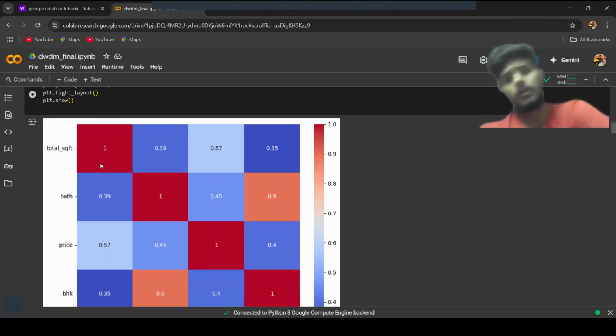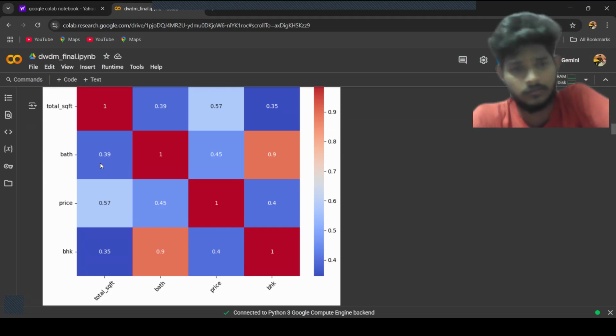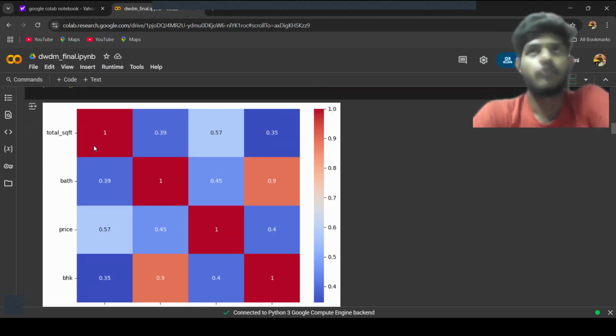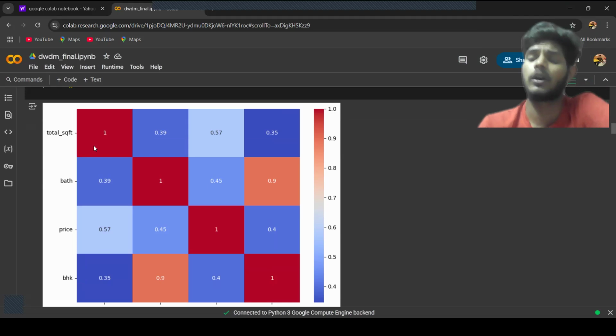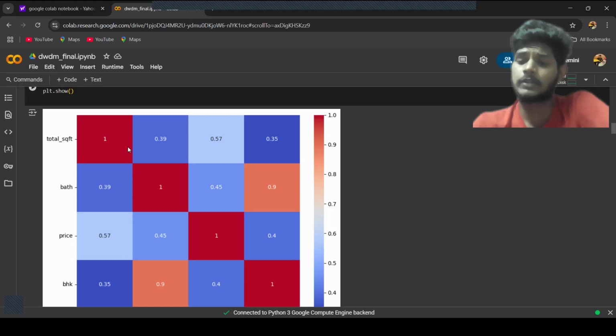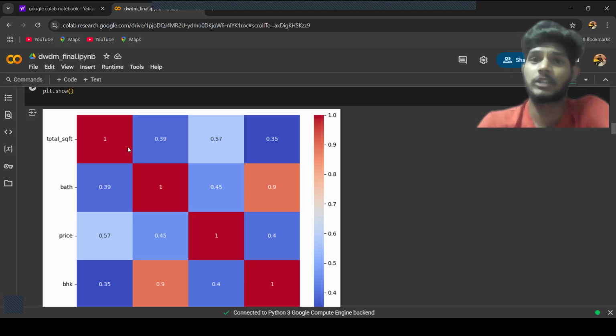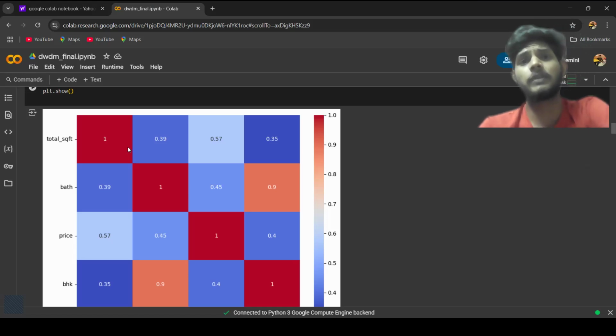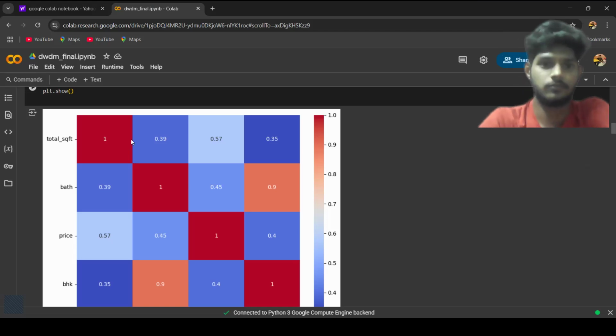This is done to see how much they are related to the target value. A correlation of 1 means it is strongly correlated with the output, that is the target value. If it is -1, it is completely opposite to the target value. If it is 0, it is neutral, neither case.